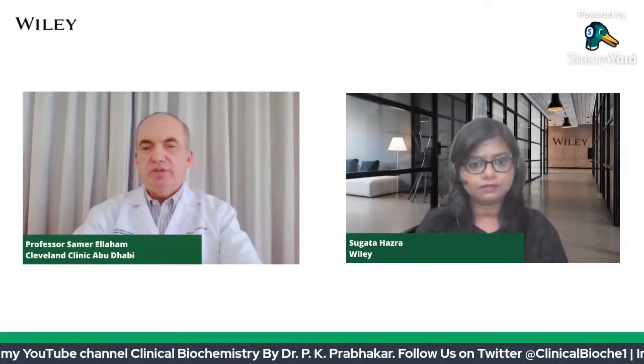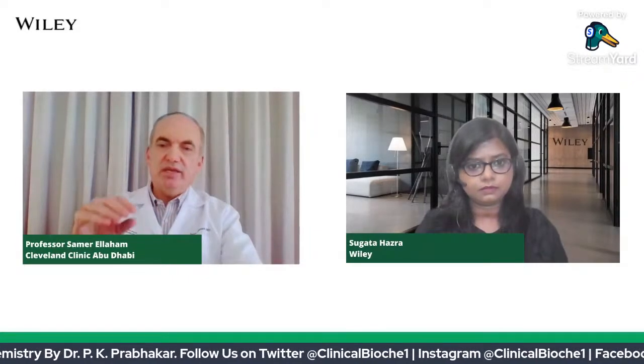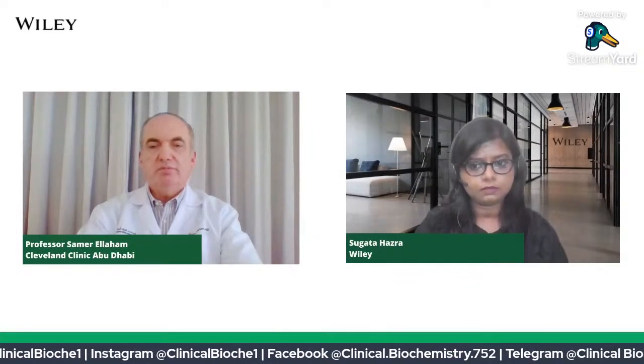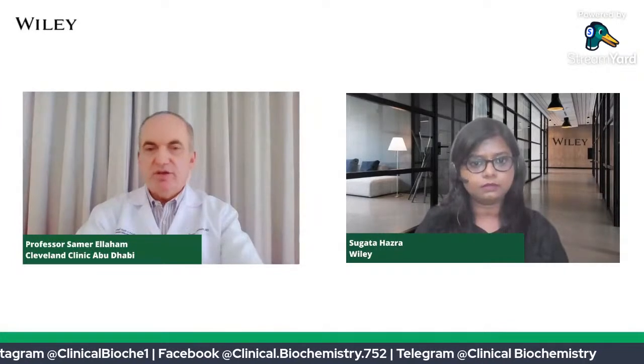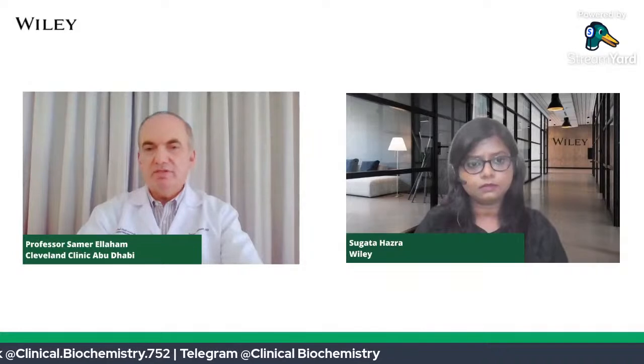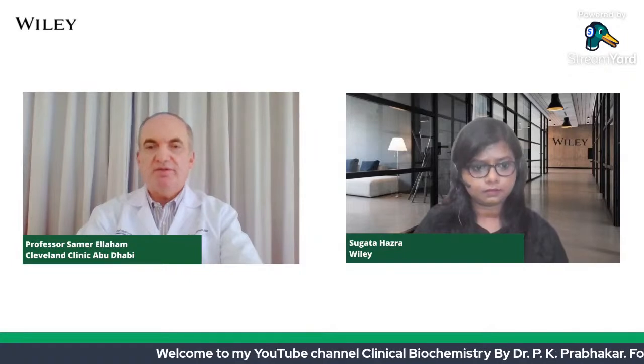However, what we know is that typically Lp little a stays with us at the same level, except the examples that I've given you: menopause, pregnancy, patients who have acute illness, acute phase reactants, and a few other things. This is the current knowledge of what we know about Lp little a. This may change in the future. A simple message for all of us: have it tested at least once in a lifetime.